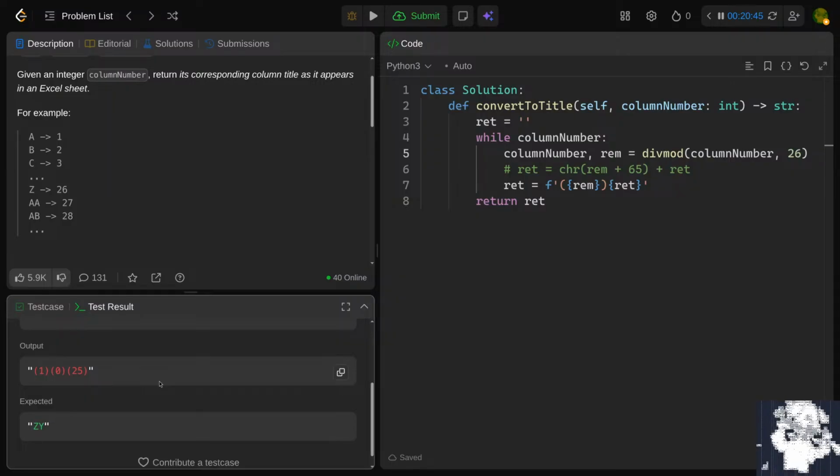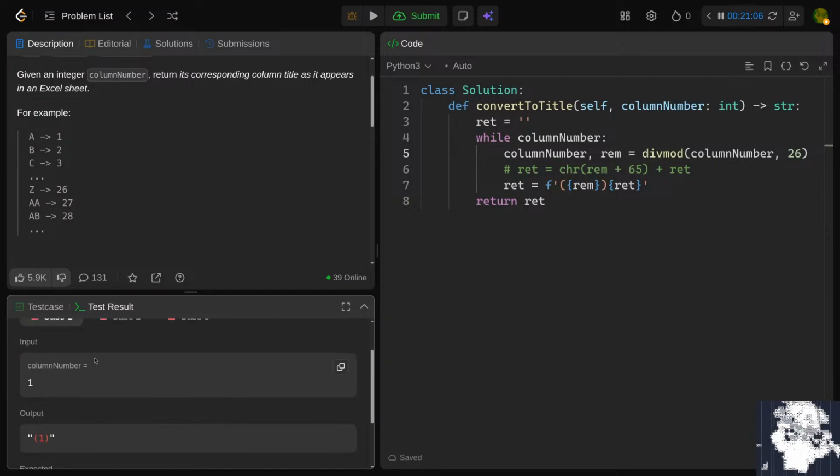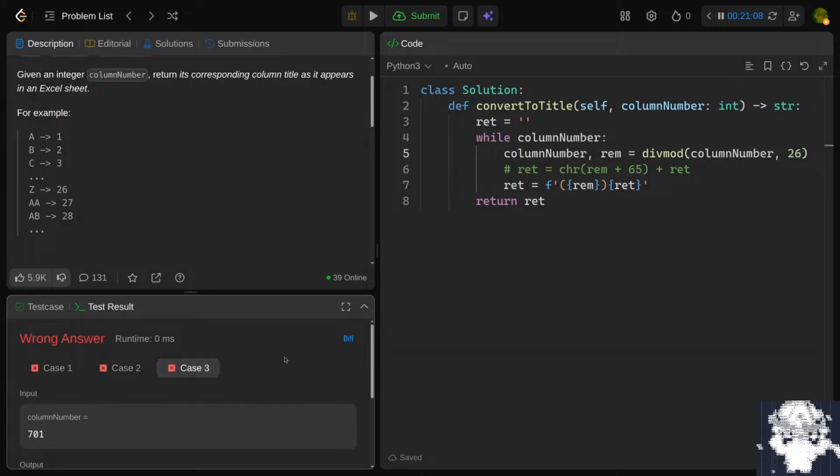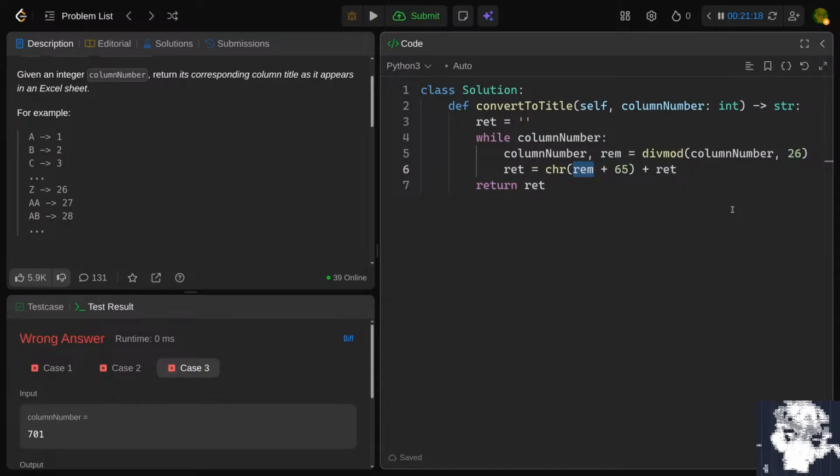Oh. Because 0 means 26. So 0 should be the biggest character, not the smallest character. Yes. Okay. So you do this unless rem is 0.